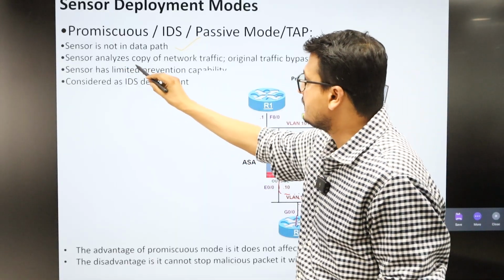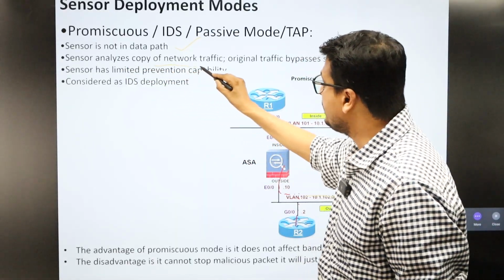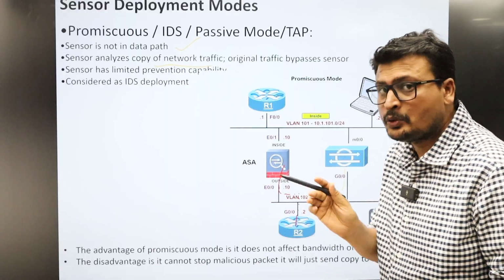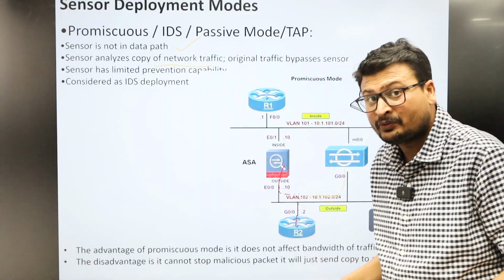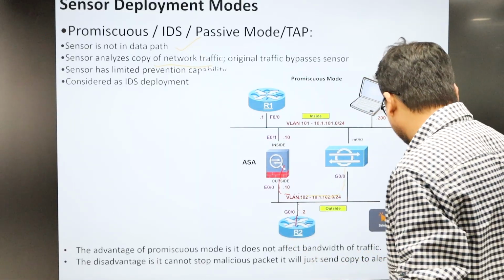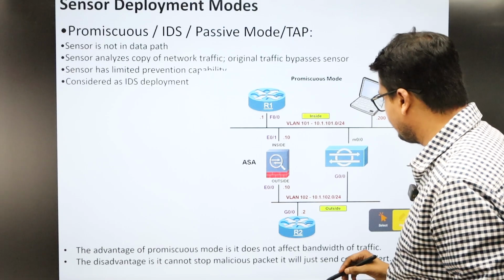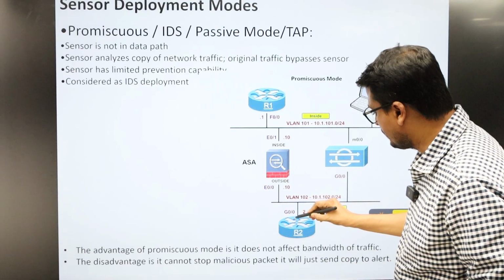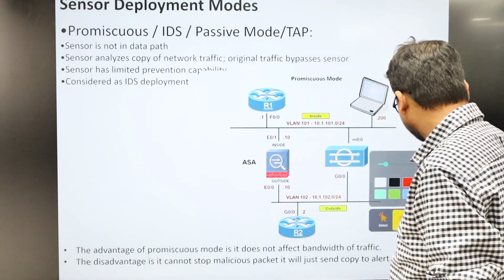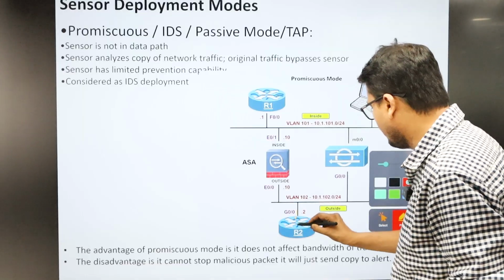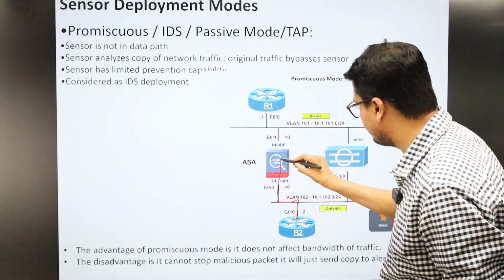Second, the sensor analyzes a copy of the network traffic, not the original packet. A copy of the network traffic means, as I told you, your real data is passing this way.